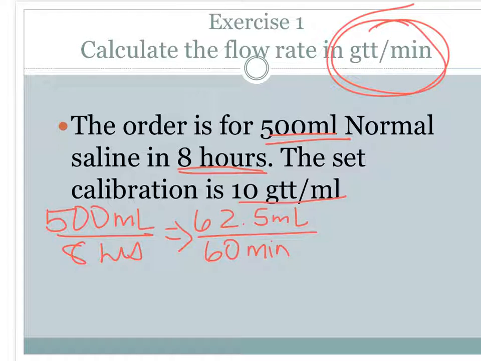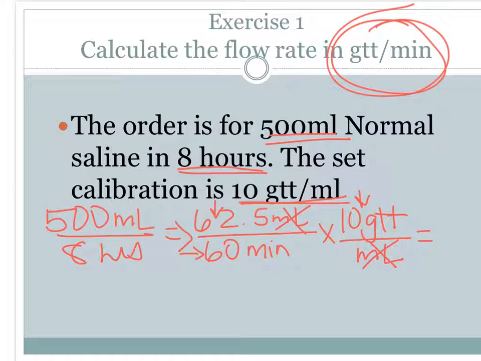Then I'm going to multiply that by the drop factor, 10 drops per mil. Remember, we can cancel out the mils. And then what we do is we take 62.5, multiply that by 10, and then divide by 60, and our number is 10.4. We need to round that to the nearest whole number, which gives us 10 drops per minute.